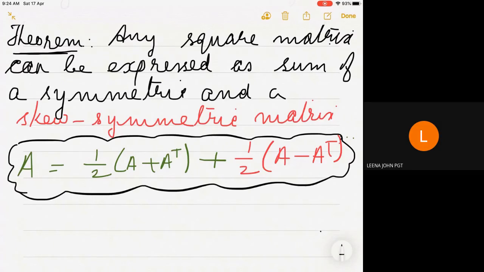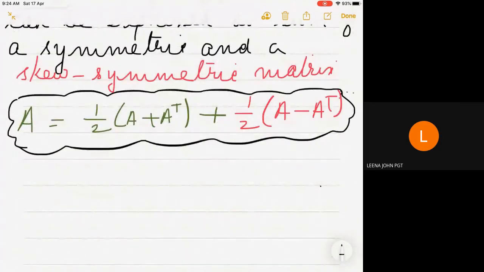Now by using this, you can have these types of questions.